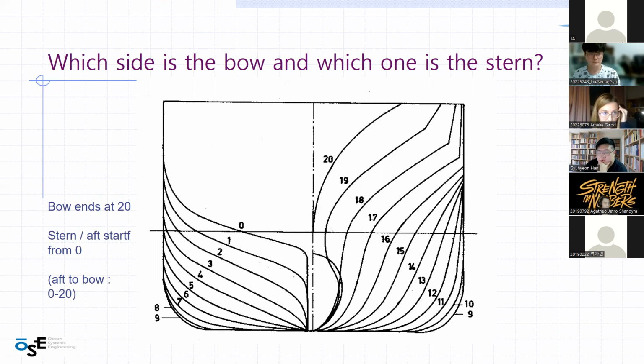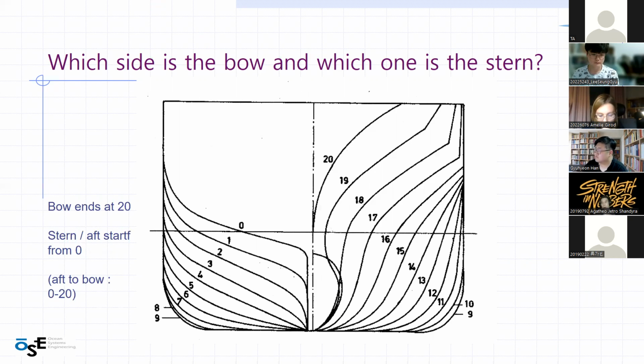The left side, starting with number 0, is the stern, or the aft, the most back part of the boat, whereas number 20 is the bow, or the front end of the ship. So the numbering system for the body plan starts with 0, not 1, and it starts with the aft and ends with the bow.